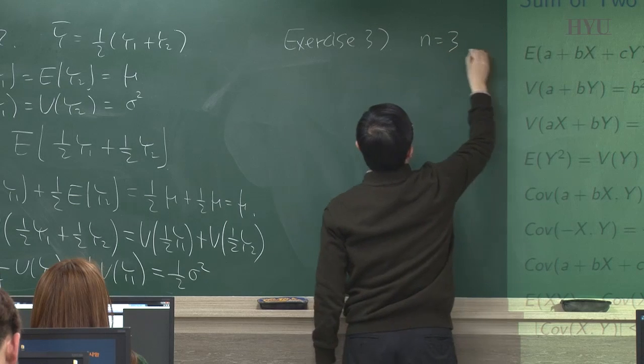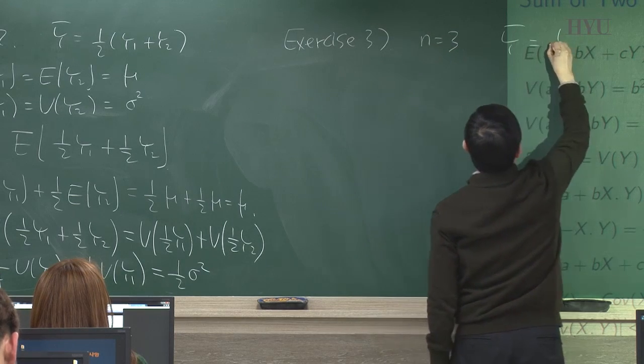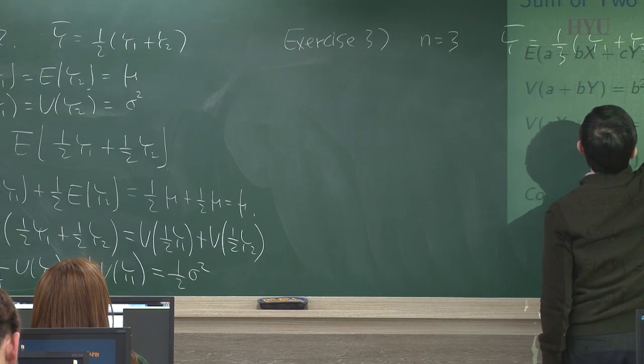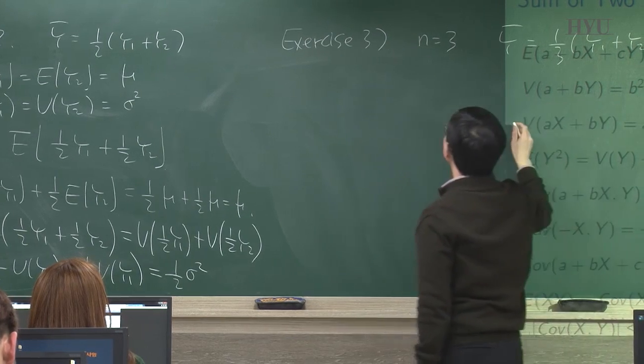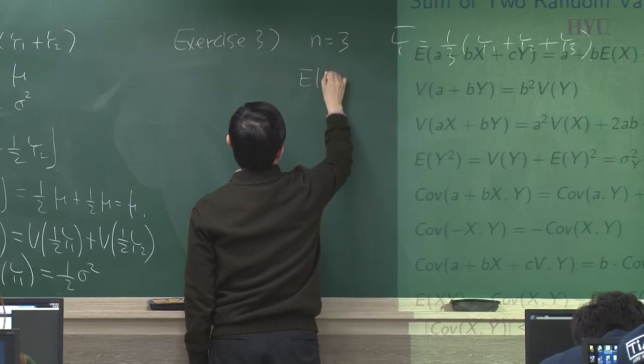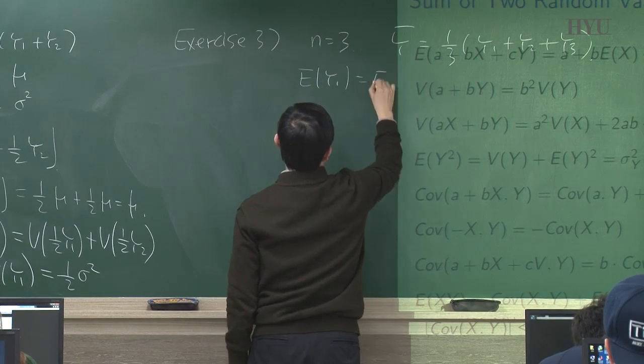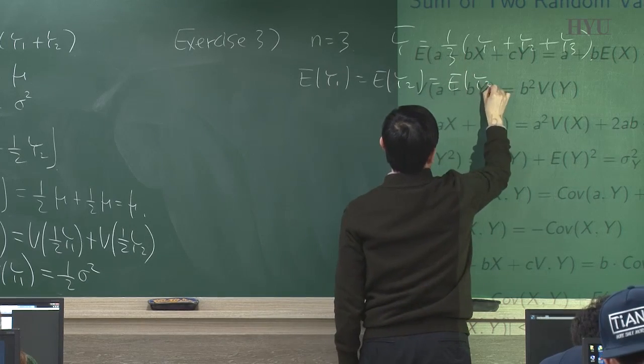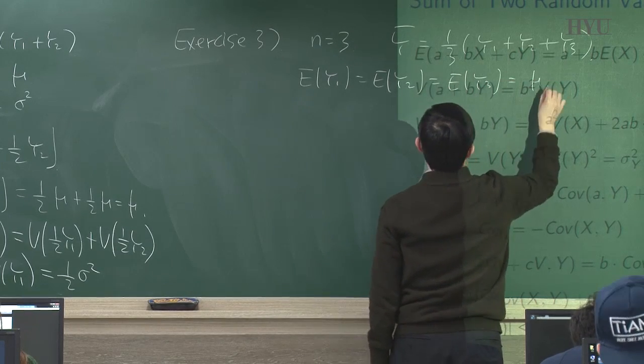Now n is equal to 3, and your sample mean is defined in this way. And the assumption is, it's not an assumption. So the mean is equal to mu.